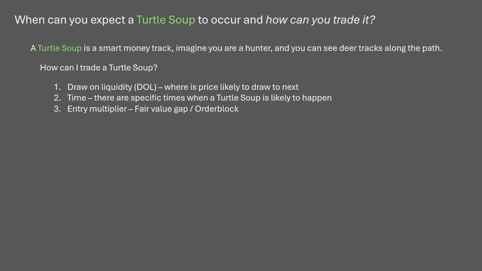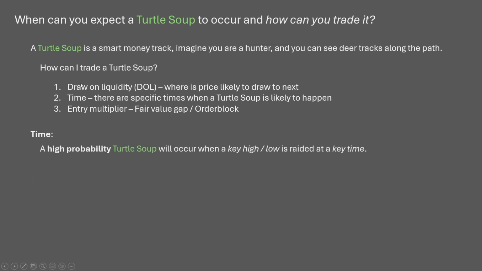Now what you want to see as confirmation is price reverse higher after taking that old low, and now you want to see a new entry multiplier created in the form of a fair value gap or an order block or any other sort of PD array that you like to enter on. Then you can take that, and that can be your trade entry.